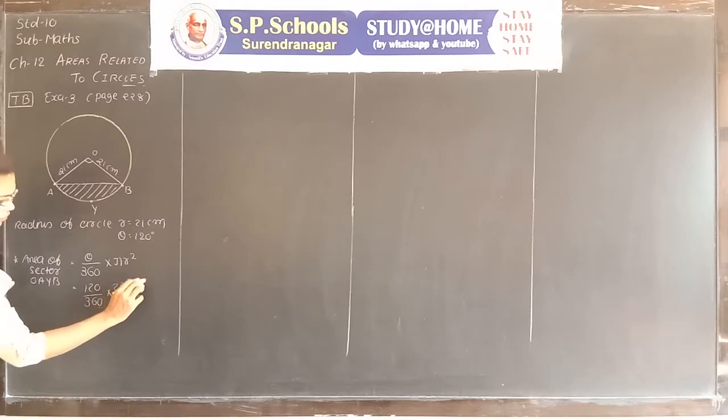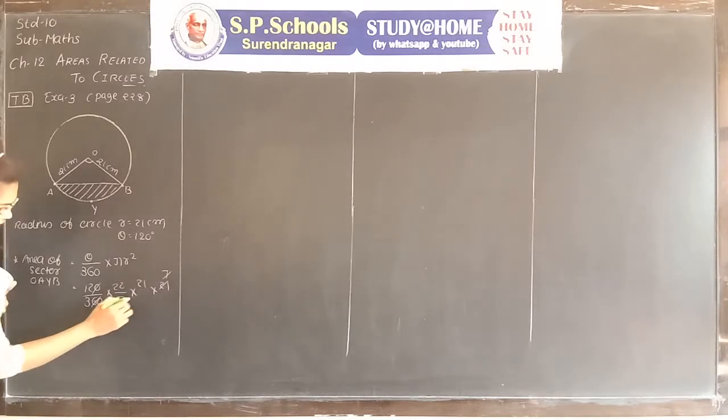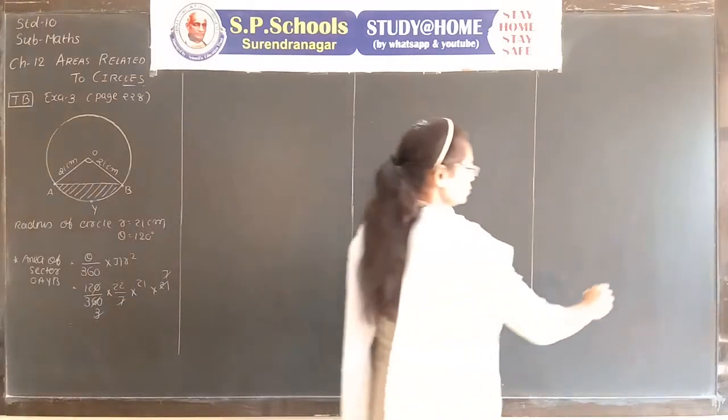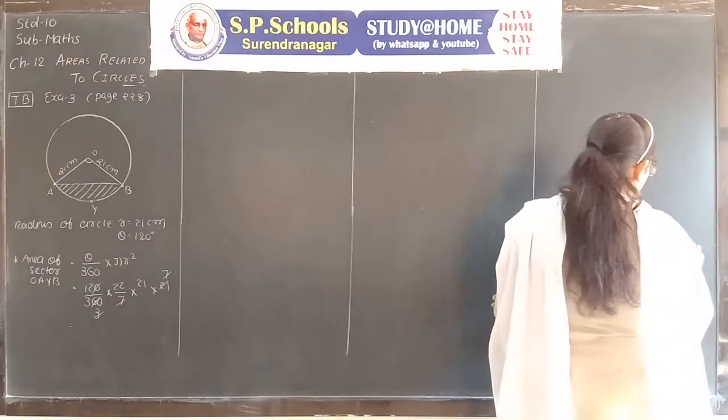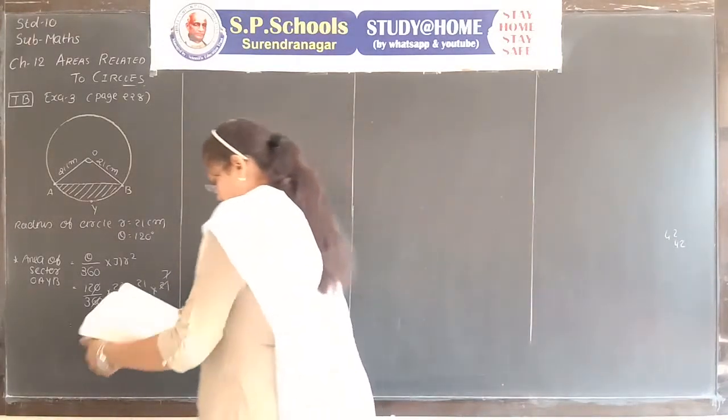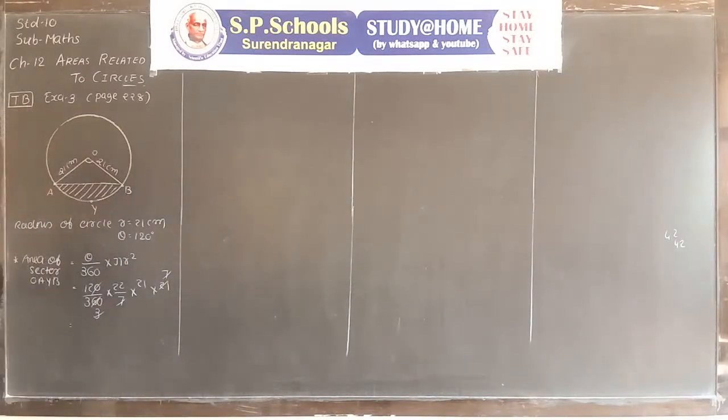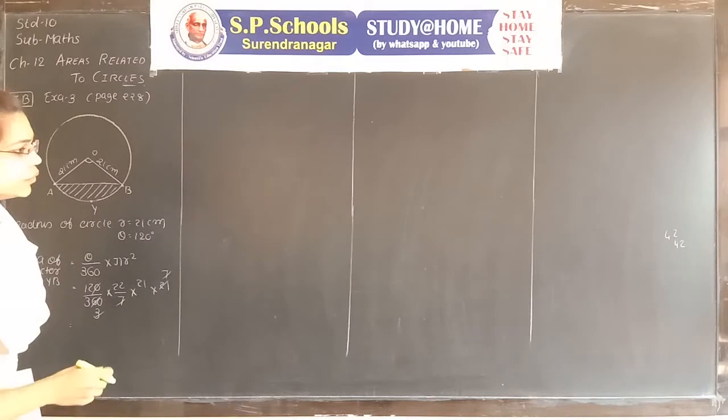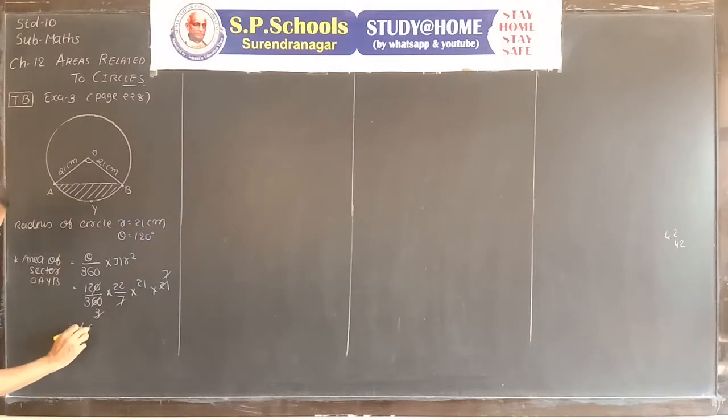Radius r is equal to 21 into 21. 3 3s are 21, 3 7s are 21 and 7 7 cut. 21 2s are 42 and 42. So 462 is the area of the sector. The unit is centimeter square. It is the area of sector OAYB.